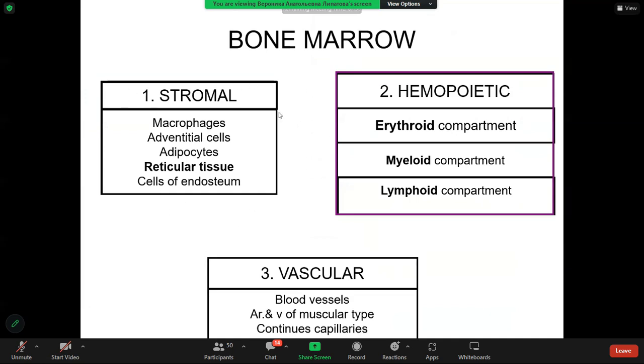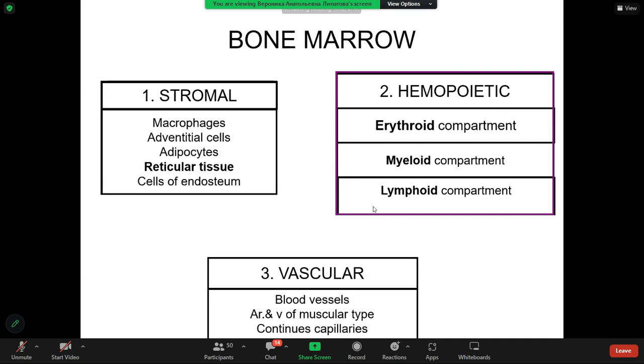Like any organ, bone marrow consists of different components. Let's describe them together. Number one, stromal component. Number two, hematopoietic component or compartment. Number three, vascular compartment. Stromal compartment includes macrophages, adventitial cells, adipocytes, reticular tissue, and cells of endosteum.